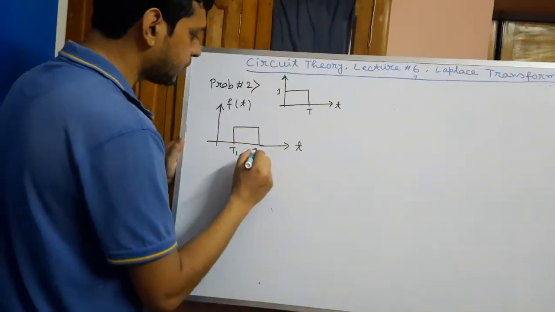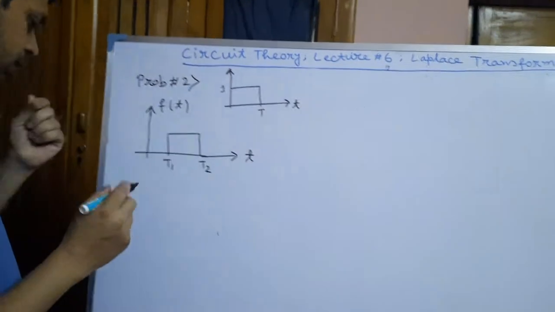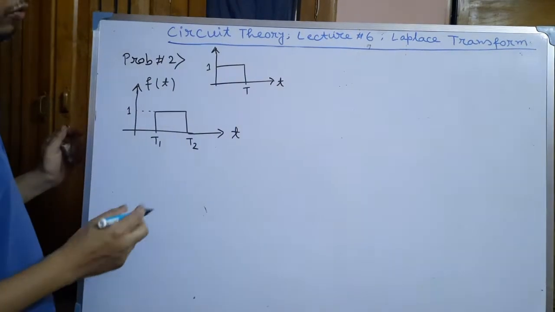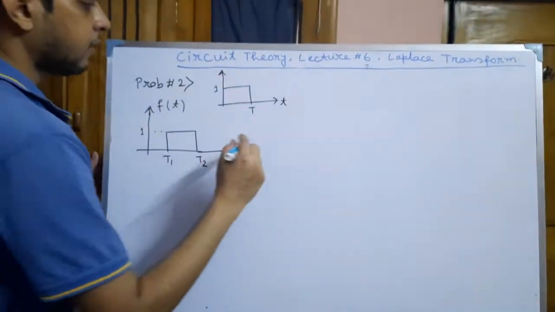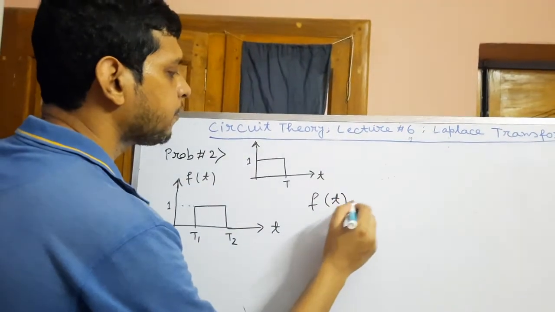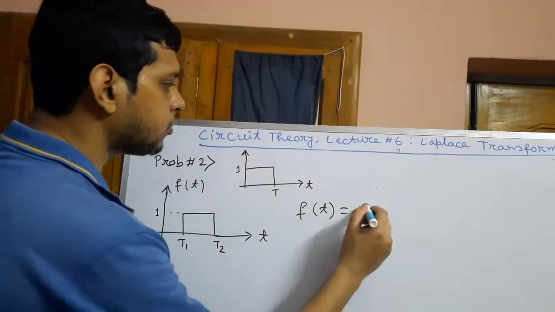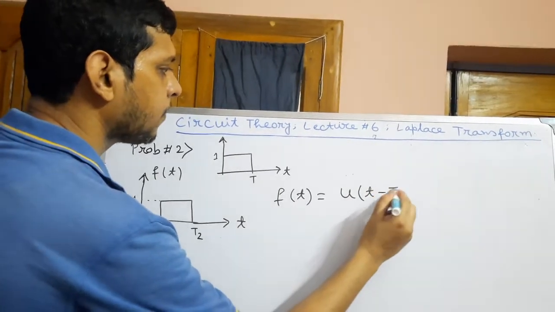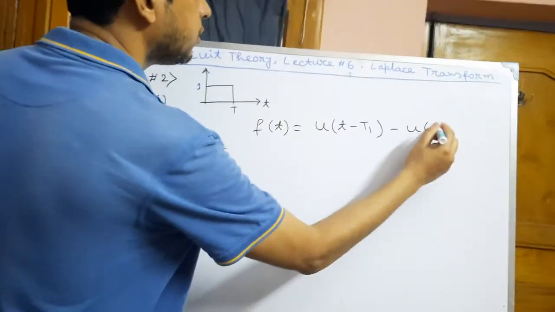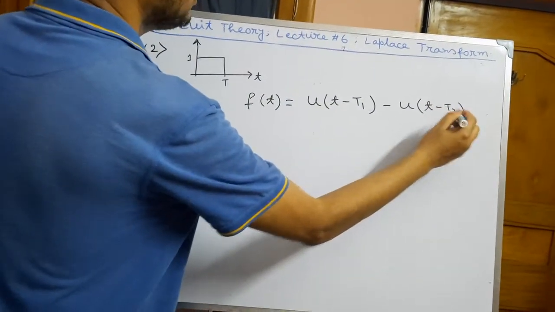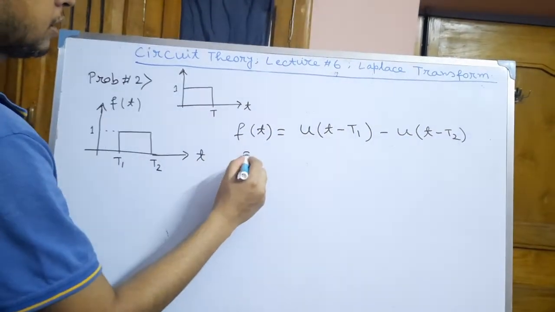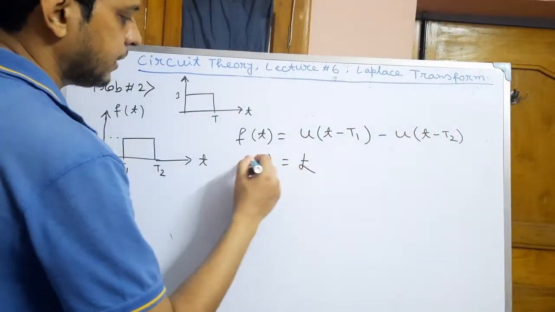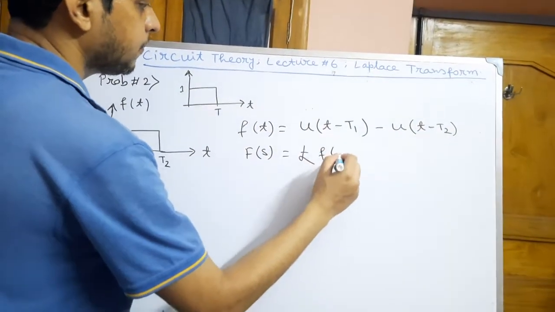This starts from t1, the interval is from t1 to t2, and the magnitude is 1. So this is also a gate function. So we can write f(t) equal to u(t minus t1) minus u(t minus t2). We have to determine the Laplace transform of this f(t), or we have to get F(s) corresponding to this f(t).